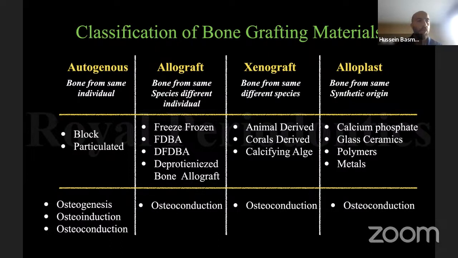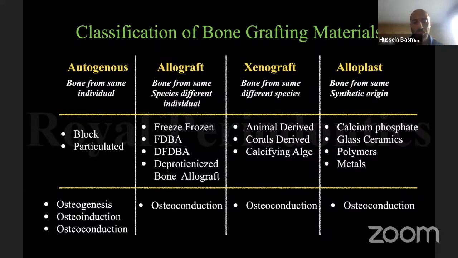So what this is telling you is that whenever we have a defect that has a minimal amount of blood supply, maybe we should consider using autogenous bone because it has the bone-forming cells, and that's going to help during the healing, with the growth factors and the signaling cells.